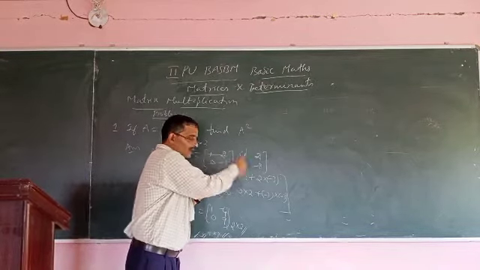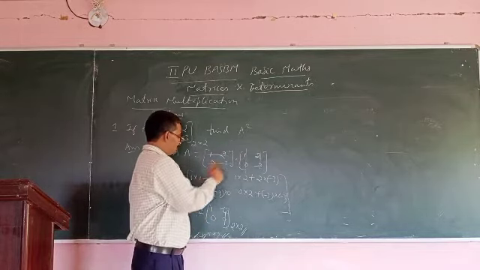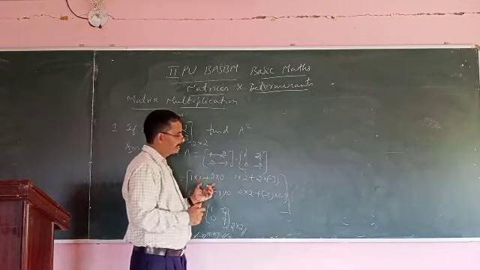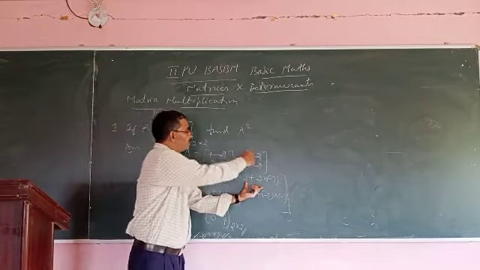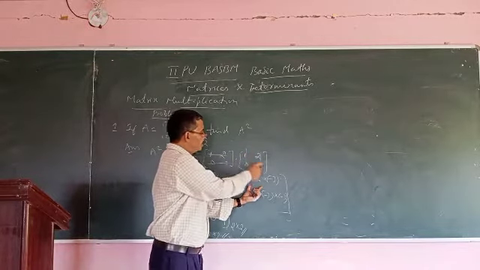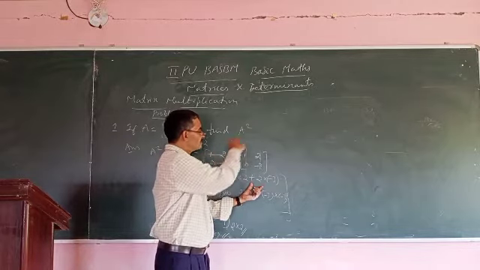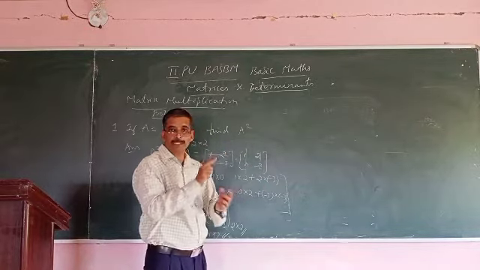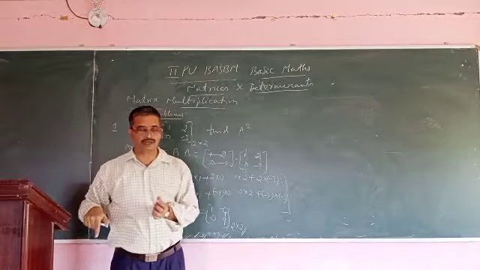Complete it, then add. Next one, first row into second column: 1 into 2 plus 2 into minus 3. First row into first column, next first row into second column. So complete with the first row.